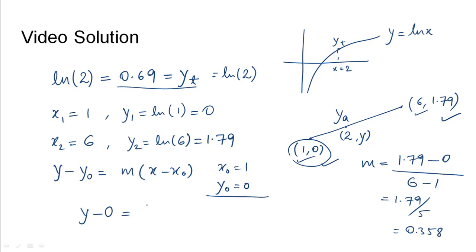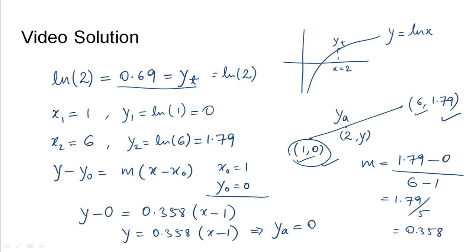So y minus 0 equals 0.358 into (x minus 1). What we need is the approximated value for x equals 2. So substituting 2 in this equation, we would get ya as 0.358.